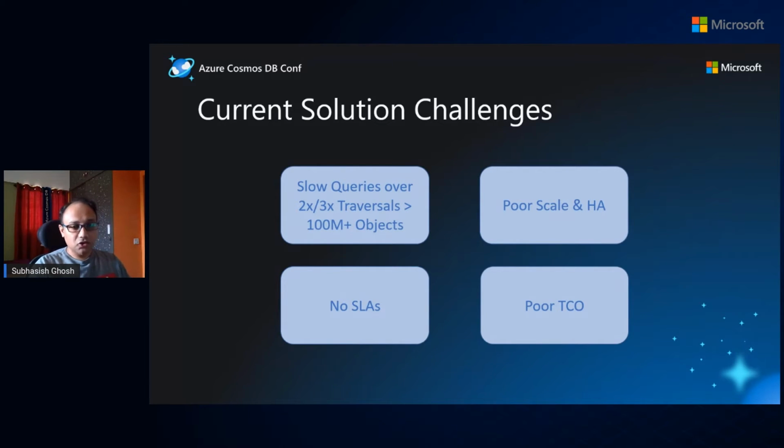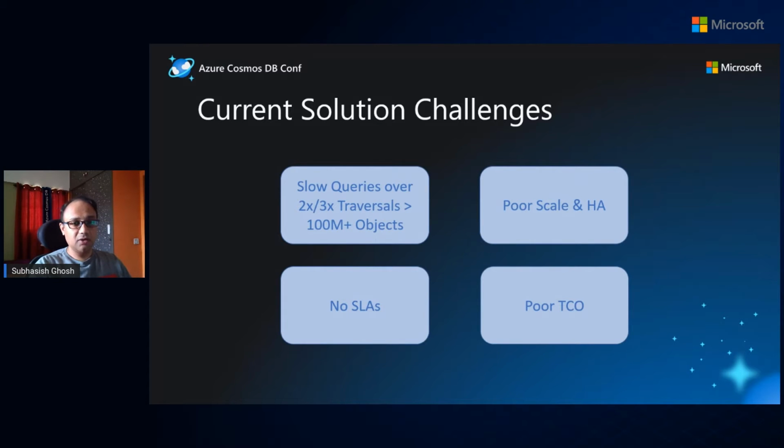In other words, not just the traversing, but if you want millisecond level latencies in completing these traversals, it becomes very important to look at optimized graph solutions and move from vertical graph solutions to something which can give you horizontal scale.